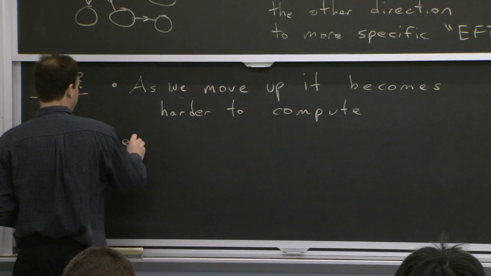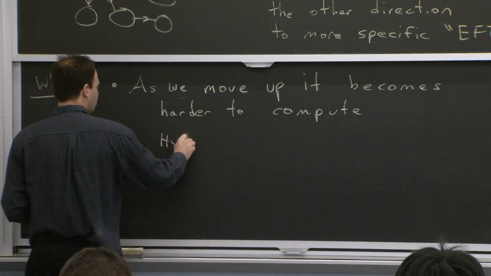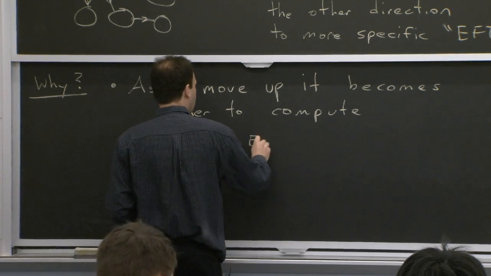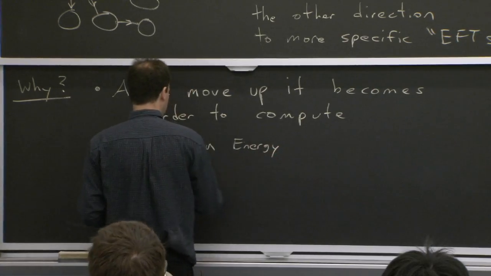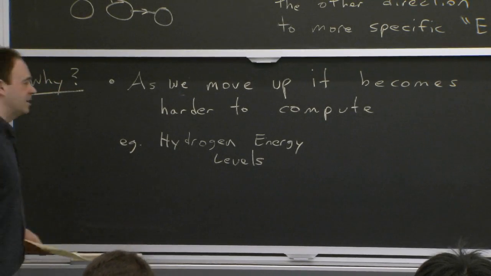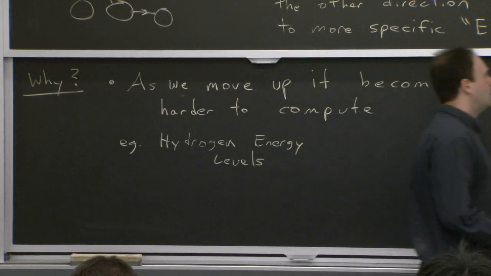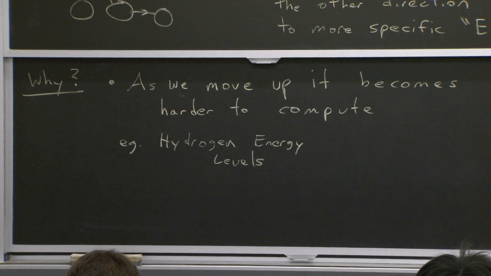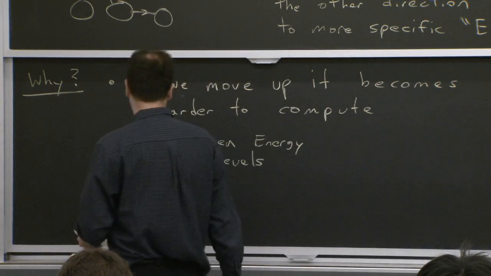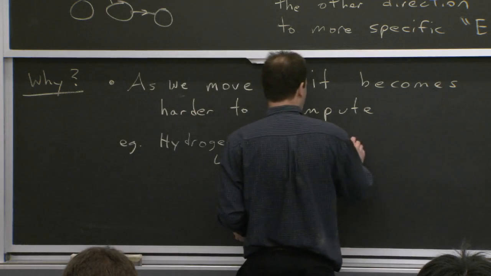So just as an example, if you just wanted to compute the energy spectrum of hydrogen, you know very well that you can do that in quantum mechanics, and it's a classic example and fairly easy. If you try to do that in quantum field theory, it's much harder, because quantum field theory in some sense has too much for that problem. So that's one example.